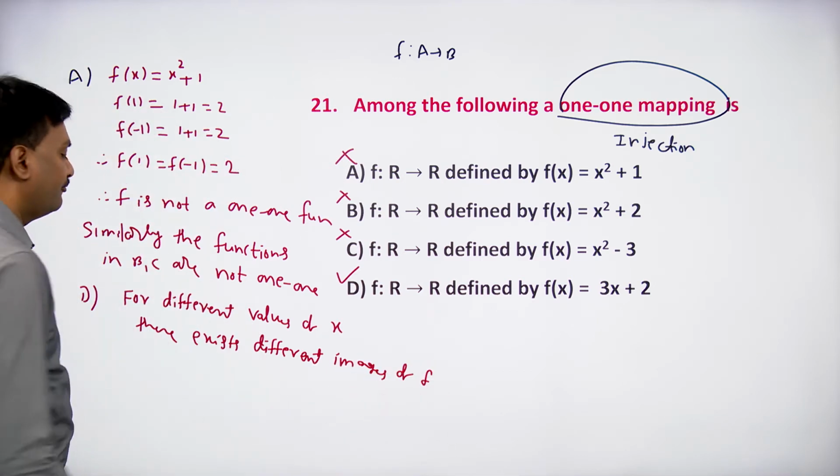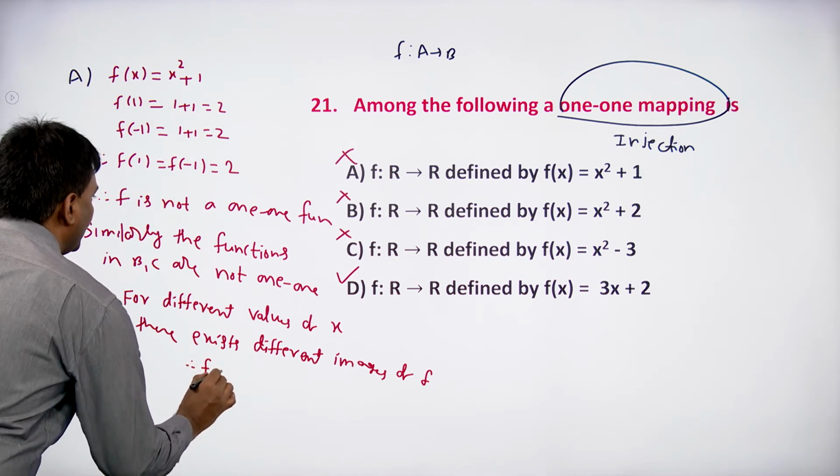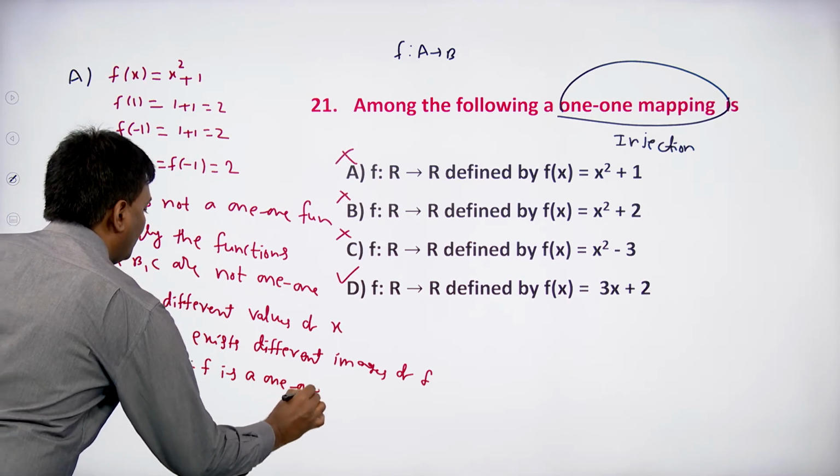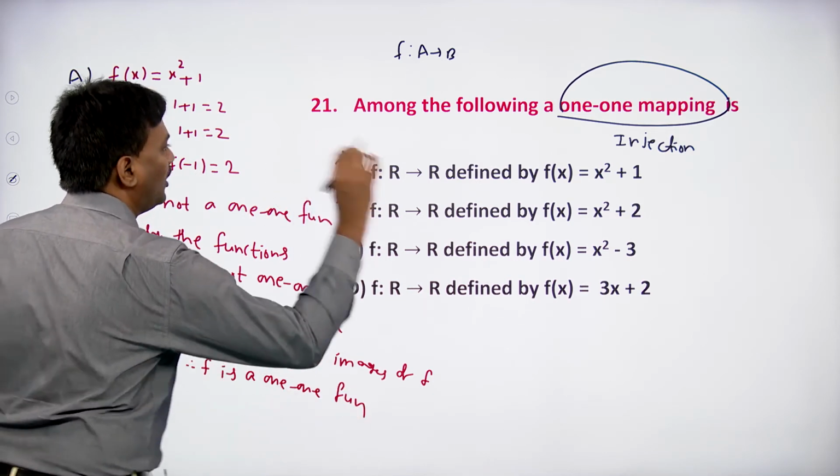That is why f is a 1-1 function. So, therefore, f is a 1-1 function. That is why option D.